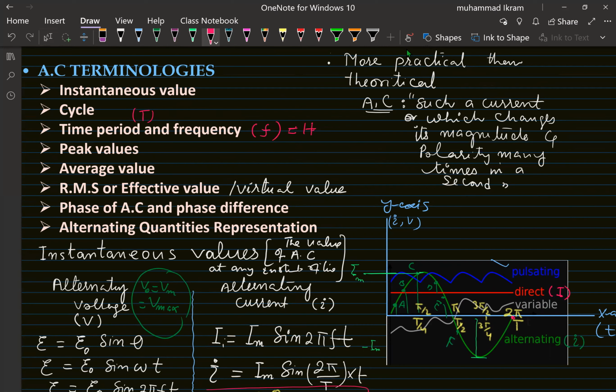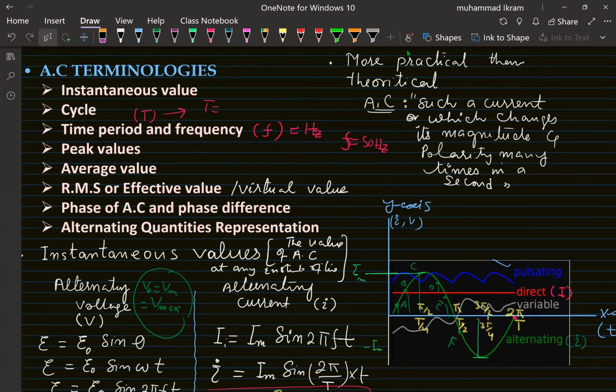The AC which we will be studying here has a frequency of 50 hertz, roughly. The time period is the reciprocal of the frequency and is measured in seconds, and the frequency, the reciprocal of the time period, is measured in hertz. I don't want to discuss that anymore.